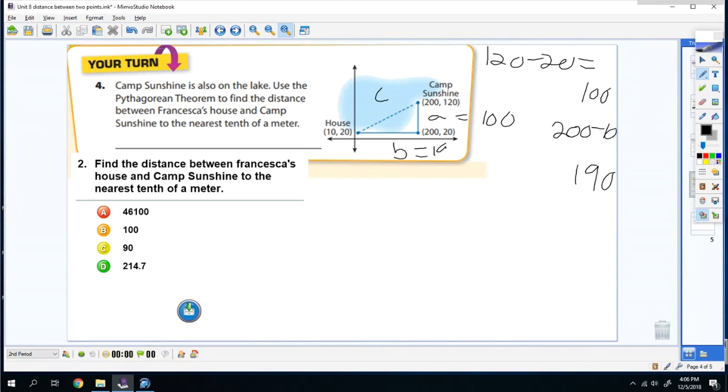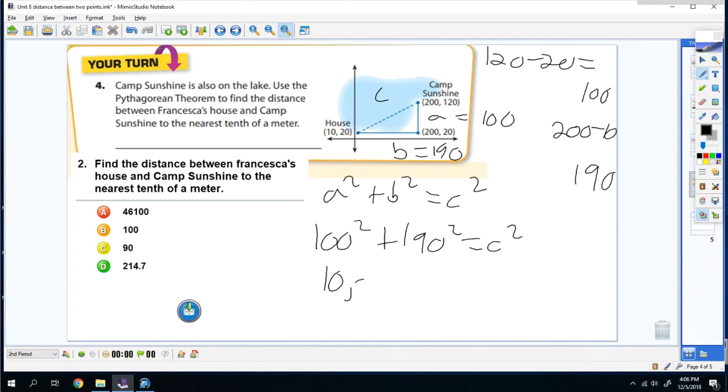So it equals 190. So you're going to do A squared plus B squared equals C squared. A is 100. B is 190. And then C is squared. So 100 squared is 10,000. 190 squared is 36,100.